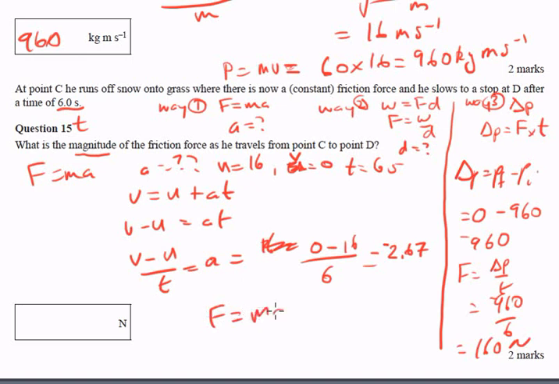And F equals ma equals 60 times minus 2.67 equals negative 160. Again, they just want the magnitude, the size, so it's 160. That's the same answer we got here. If we'd done way 2 as well, we would have got the same answer again. Okay, so there's a couple of ways you could have gone through that one.